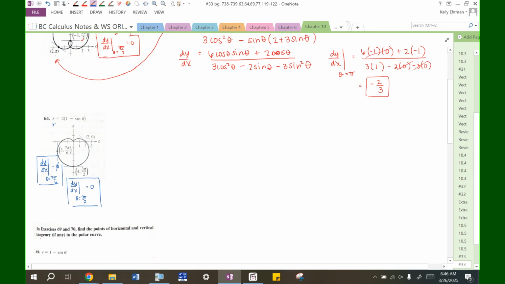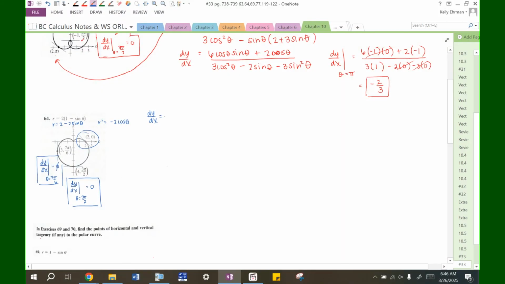I like to distribute r through, so let's make this 2 minus 2 sine theta. That's my r. I just think that makes r prime easier to find. So r prime would be negative 2 cosine theta. And I'm going to write out my dy/dx formula again because right here, I'm not sure. I can see that's a negative slope, but I'm not exactly sure what number it is.